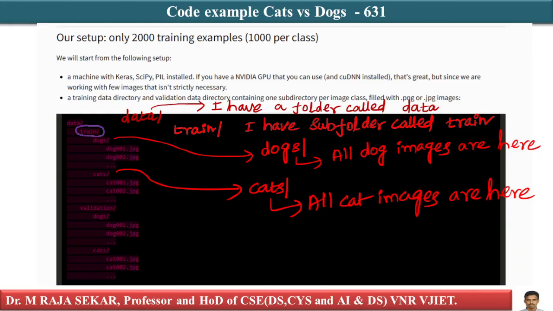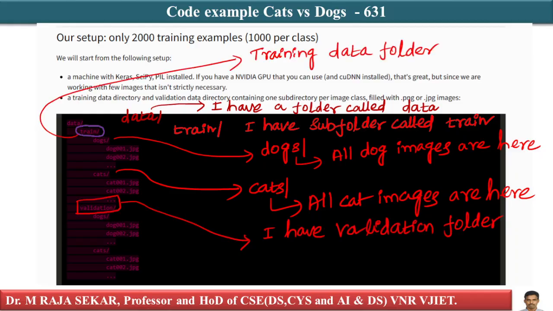I request all of you to go through this blog so that you can understand how nicely they organize this data. You have a training dataset as well as a validation dataset, isn't it? Similarly, I have a validation folder in which we have dogs and cats images.